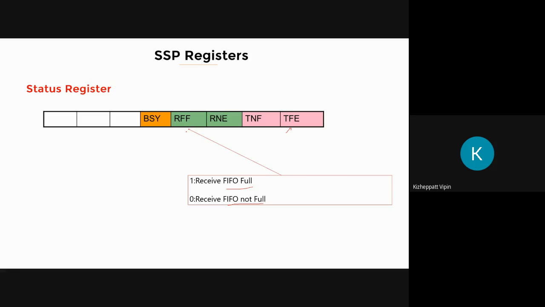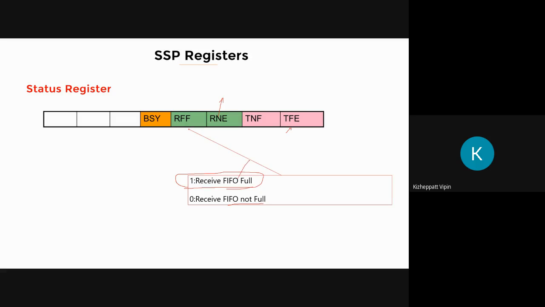If you have written your code properly and are operating normally, this bit should never get set. There should never be a condition where the FIFO is full. A FIFO usually becomes full when data is coming but you are not reading. So if you are properly managing your receive FIFO, this condition will never happen.